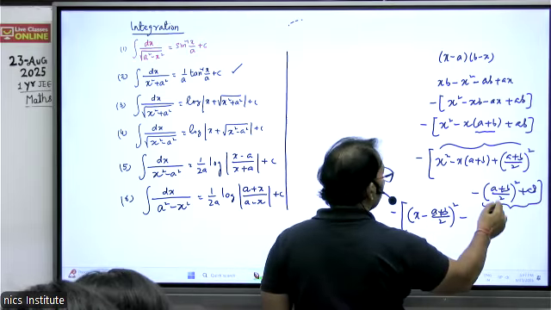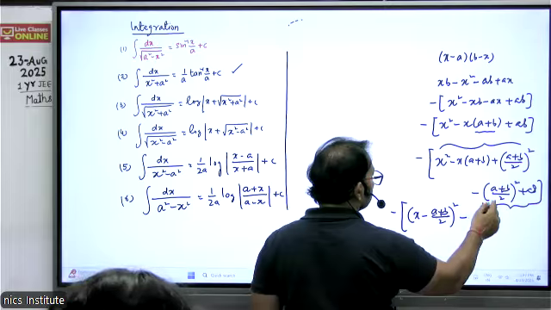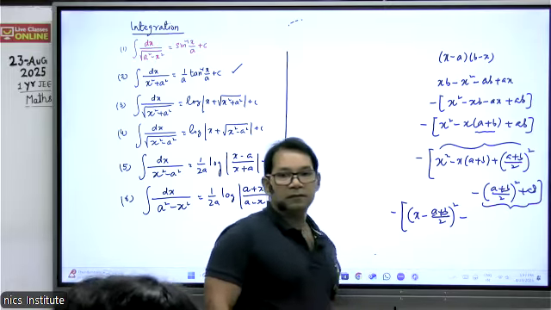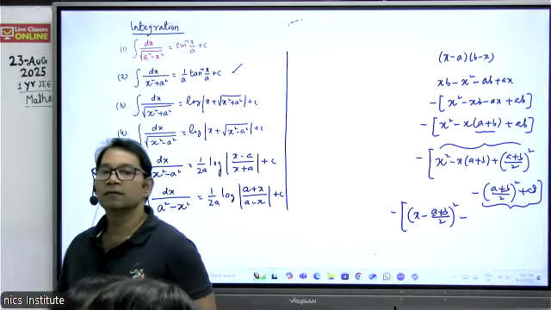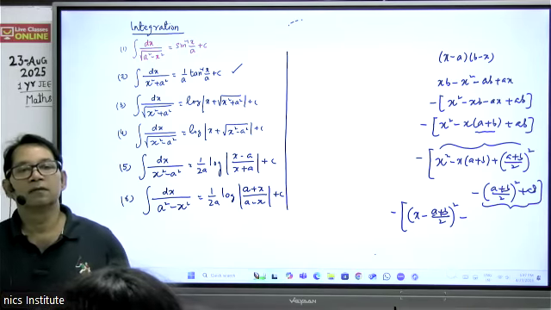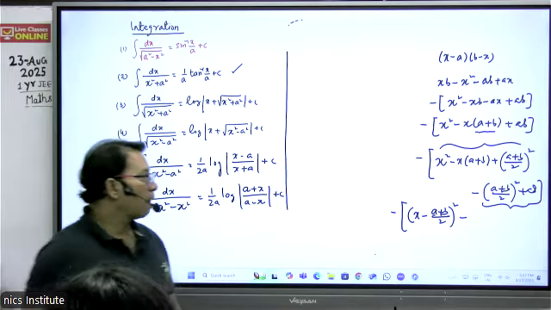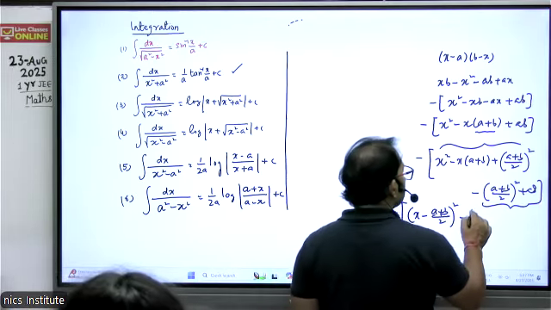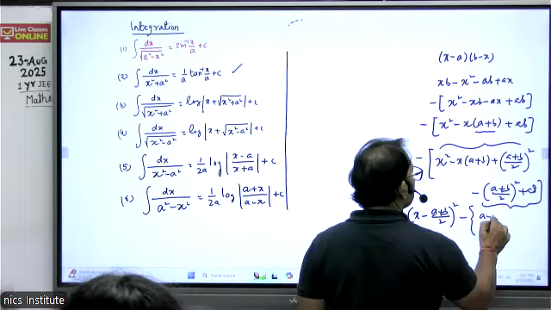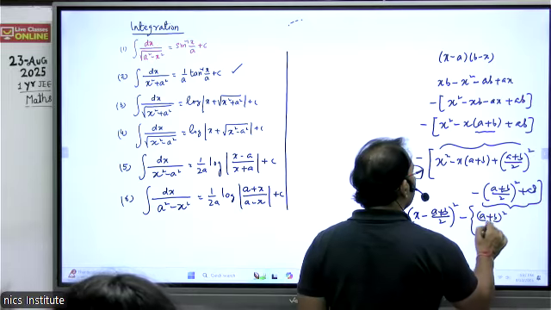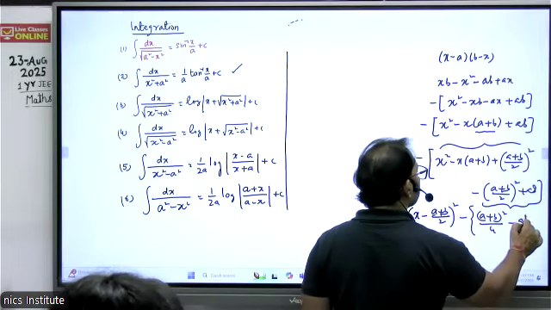What is this coming out to be? First you take minus sign common. So it will be a plus b by 2 whole square by 4, and it will be a negative sign.